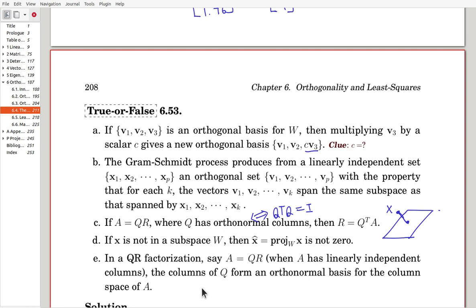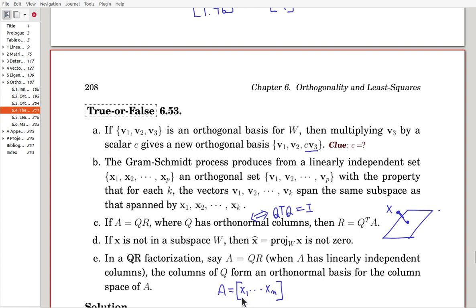Yeah, it's true. Let's write A as x1 to xn, the columns of A. In the beginning, we assumed that they are linearly independent.